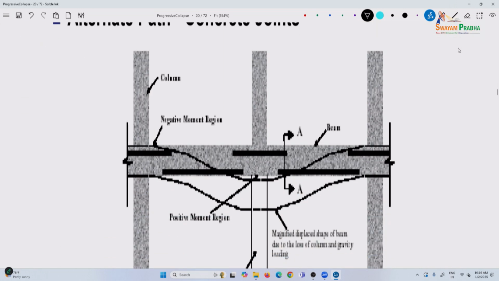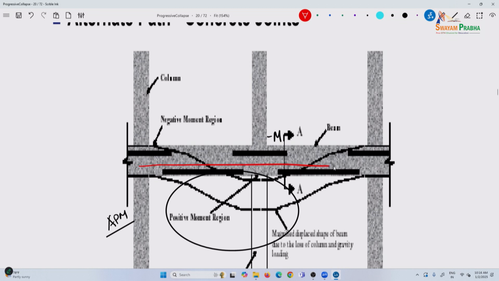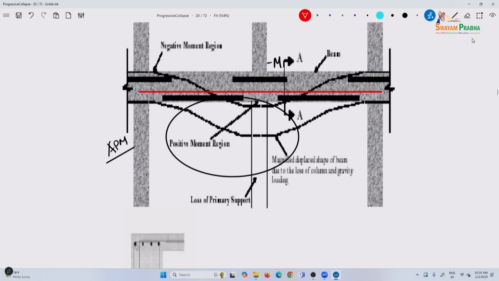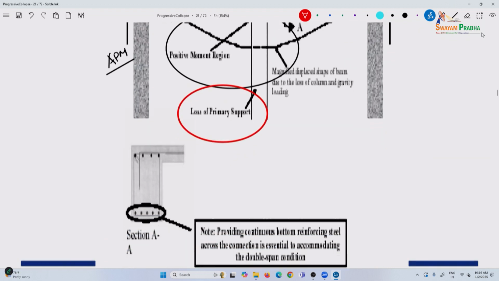So, the alternate load path, this is what we talked about. Usually this is your negative moment region, but in the alternate load path that becomes a positive moment region, and the reinforcement shown is your normal reinforcement. So, providing for continuity here is a simple step that can be taken due to the loss of this primary support.